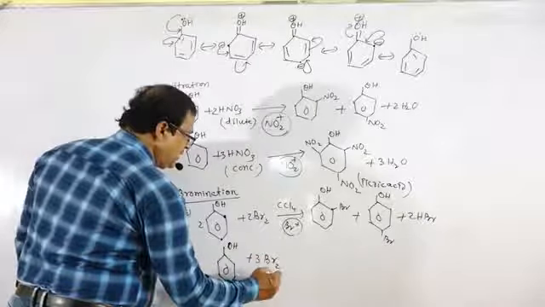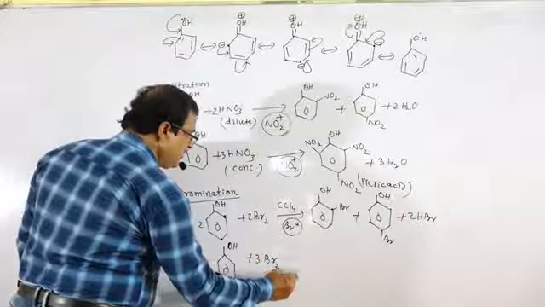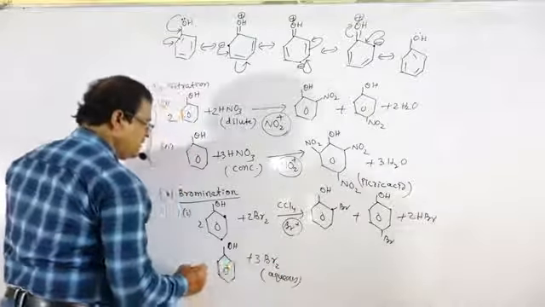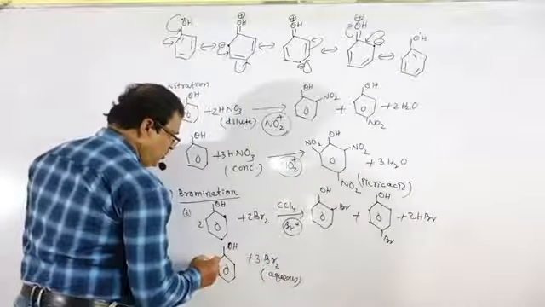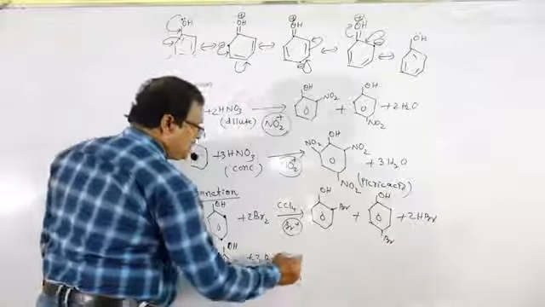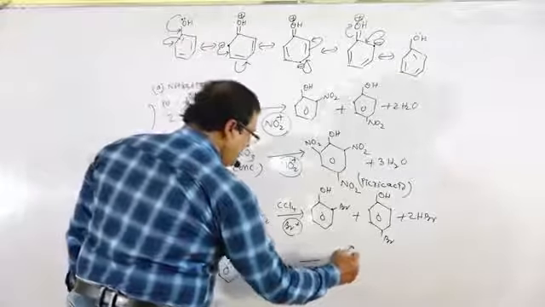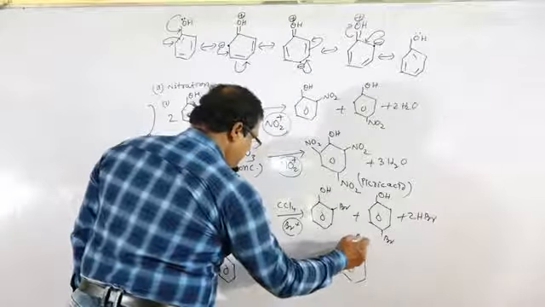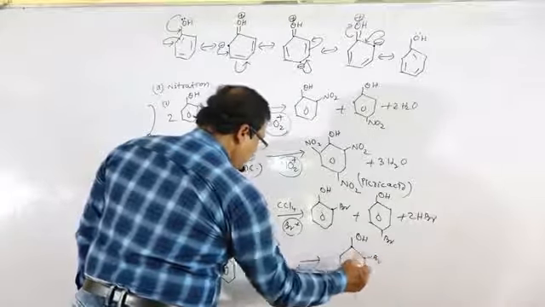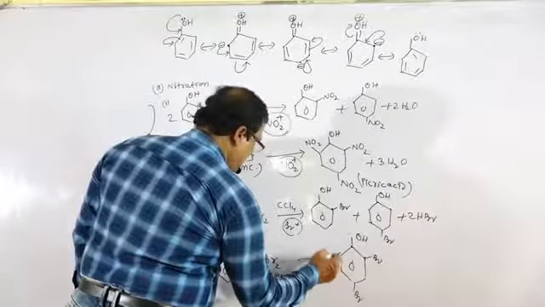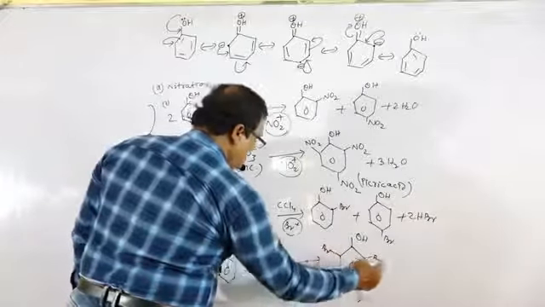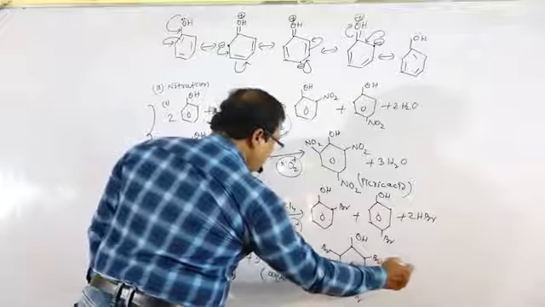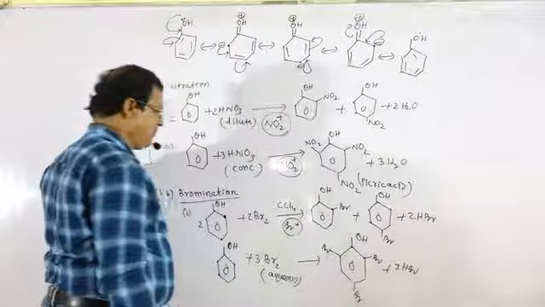aqueous bromine, all the ortho and para positions, the hydrogen atoms, get replaced by bromine.